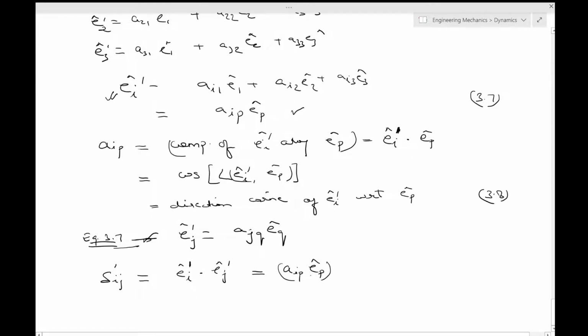This has to be dotted with e_j dash, which is over here, so this would be a_jq e_q. This can be written as a_ip a_jq delta pq, because e_p dot e_q will be delta pq.